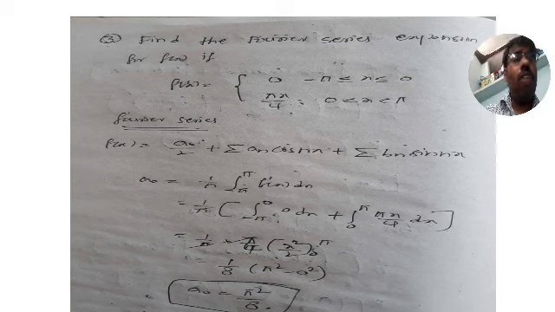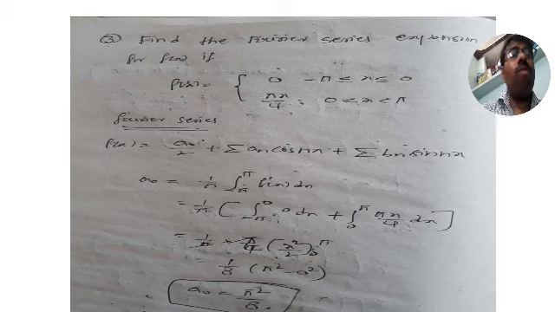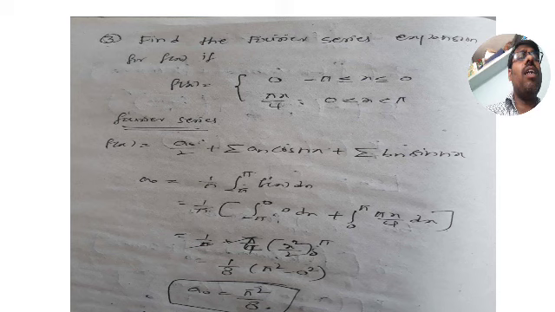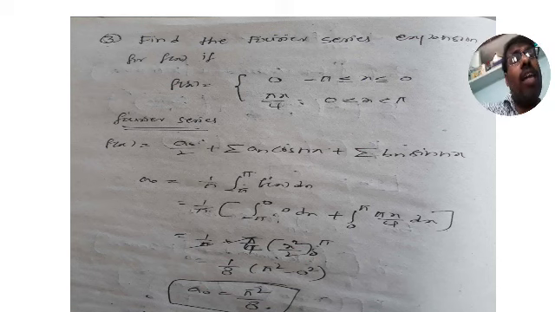Fourier series uses the same formula, but the integration is divided into two parts. So in the formulas you got minus pi to pi integration. Now minus pi to pi integration is divided into integration minus pi to 0 plus integration 0 to pi. So we need to divide the single integral into two integrals in case of discontinuous functions.